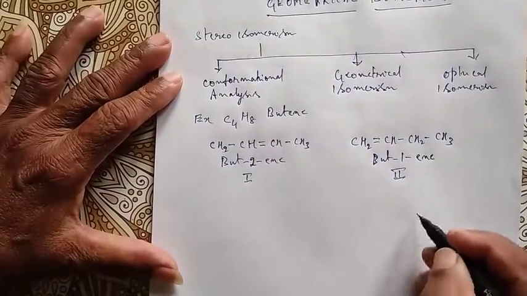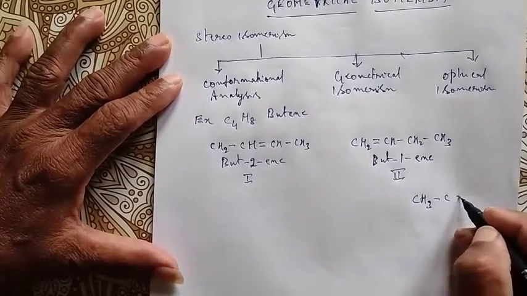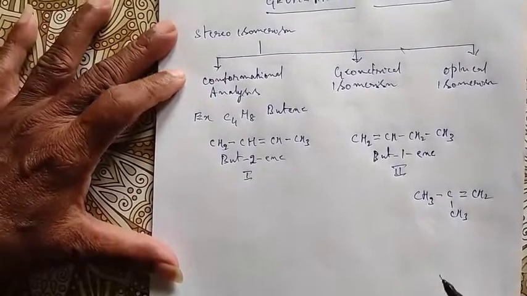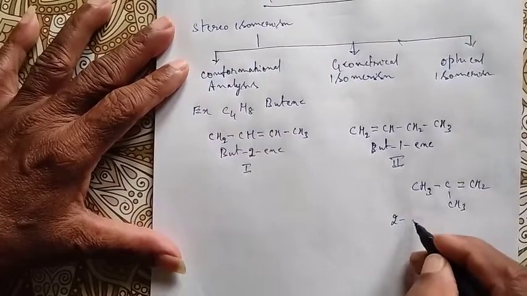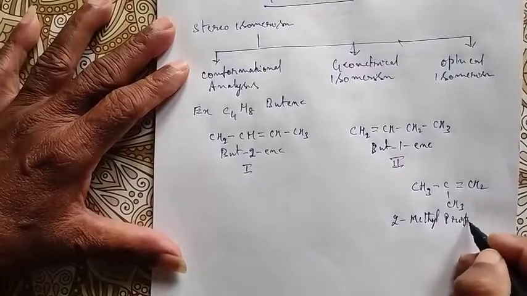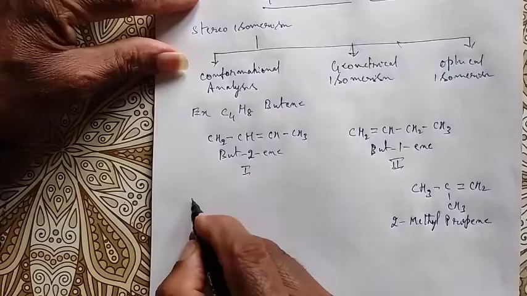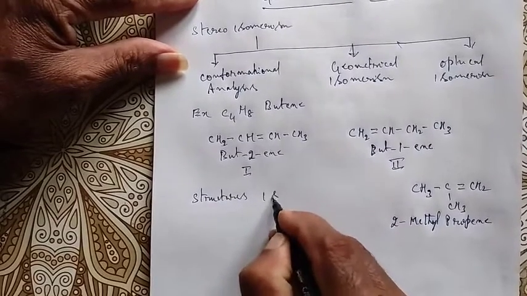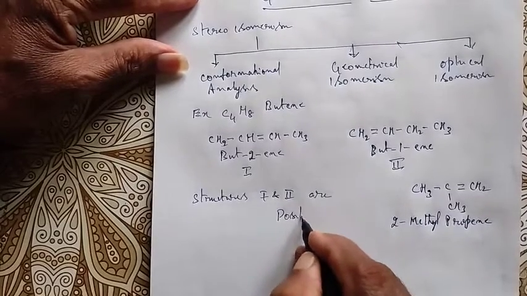Now the other substance is CH3-C(CH3)=CH2. This is isobutene, or it is referred to as 2-methylpropene. Now here structures 1 and 2 are position isomers.